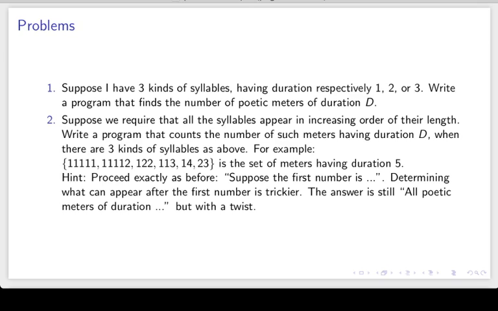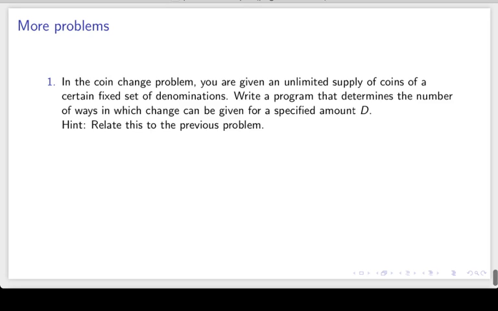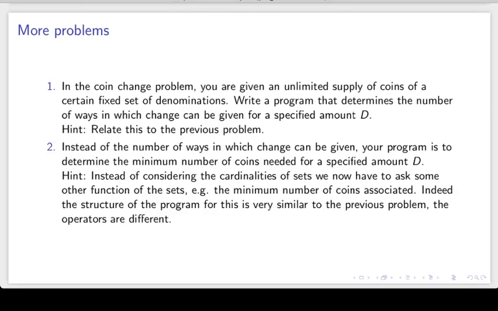I think with the hint, you should be able to solve the problems. If not, by all means, talk to me or to the TAs. And there are a couple more problems, and this is related to the coin change problem that I mentioned earlier, and also the minimum coin change. All right, so we are going to stop, and thank you very much.